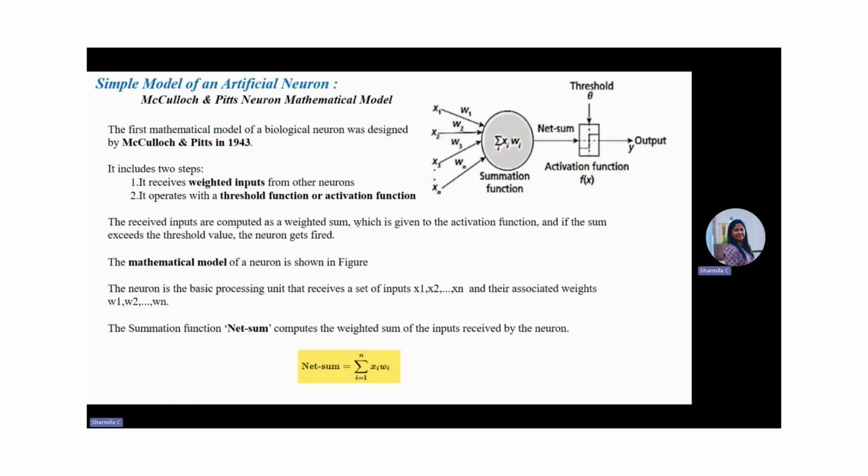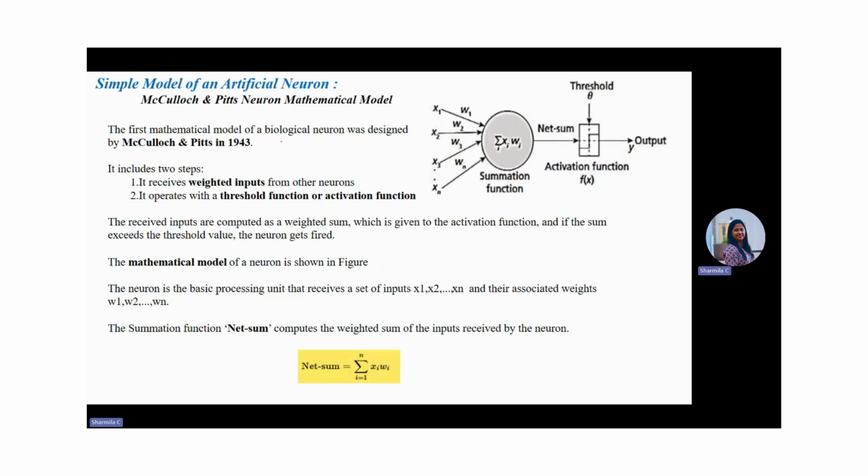Now we'll see what a simple model of an artificial neuron looks like. The artificial neuron, or a single neuron, was designed by McCulloch and Pitts. Hence this model is called the McCulloch and Pitts neuron mathematical model, designed in the year 1943.